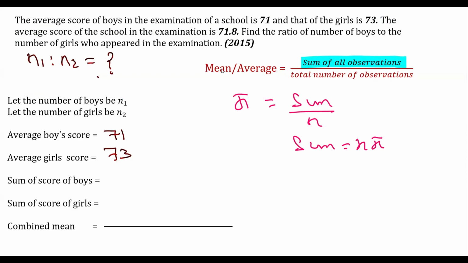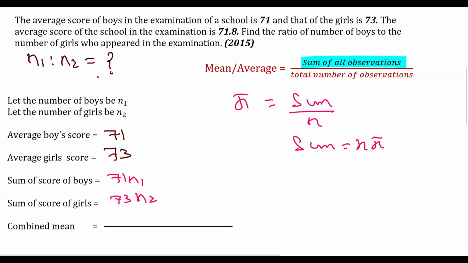So the sum is the number multiplied by the mean. In this case, we get 71 times n1, and in the same way, the sum of marks obtained by girls would be 73 times n2.